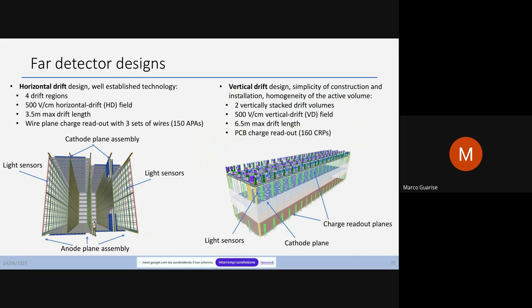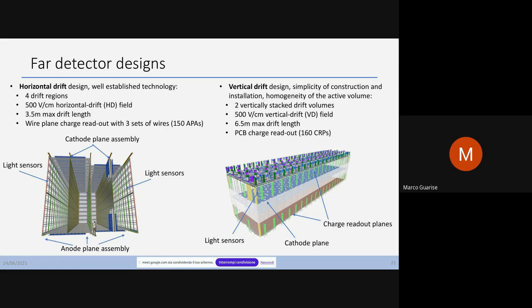Far detector module 1 and 2 will exploit 2 different technologies, the horizontal and the vertical drift. In the horizontal, as the name suggests, the electric field is directed horizontally.